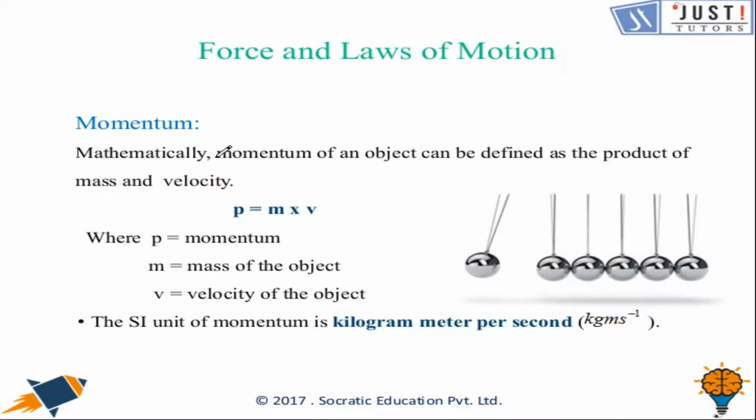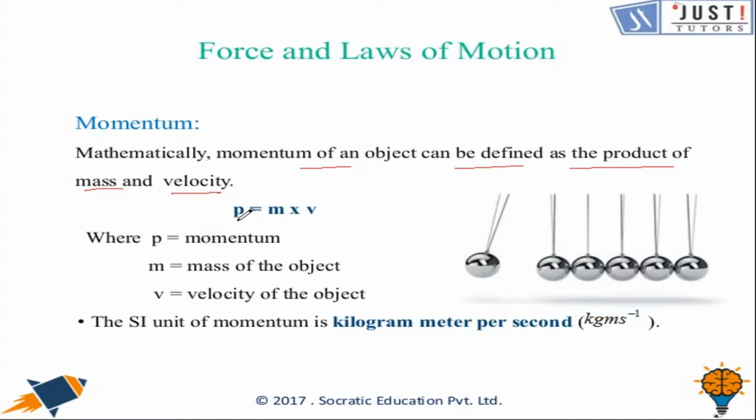First of all, we have momentum. It is the power of motion of an object. Momentum has both magnitude and direction. Mathematically, the momentum of an object can be defined as the product of mass and velocity of an object.